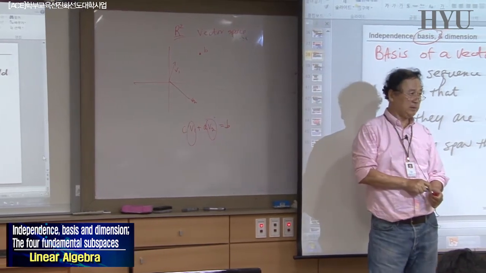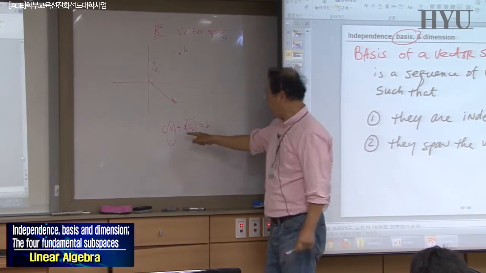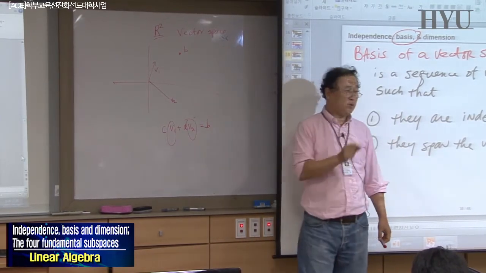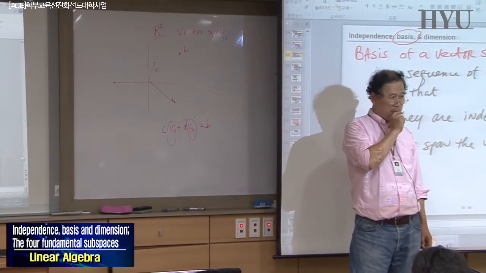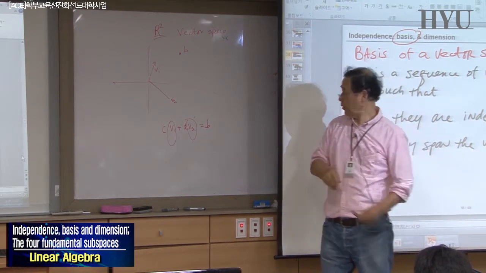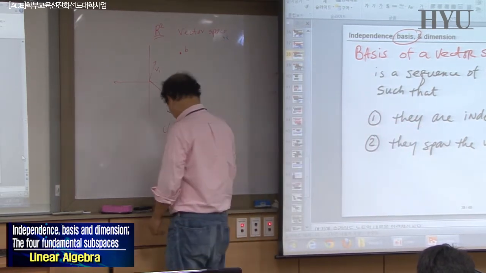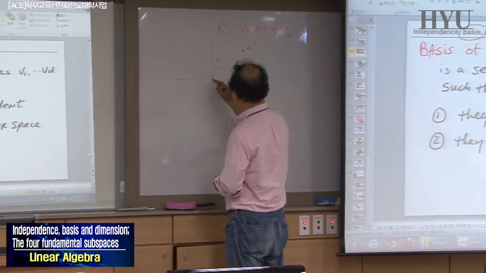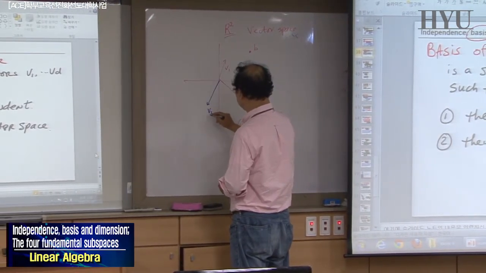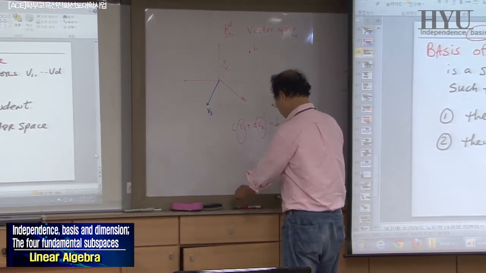But these are independent. Also there should be a minimum number of vectors. Or I may say, oh, I can do further. I'd like to introduce one more item here, V3. There's no problem.